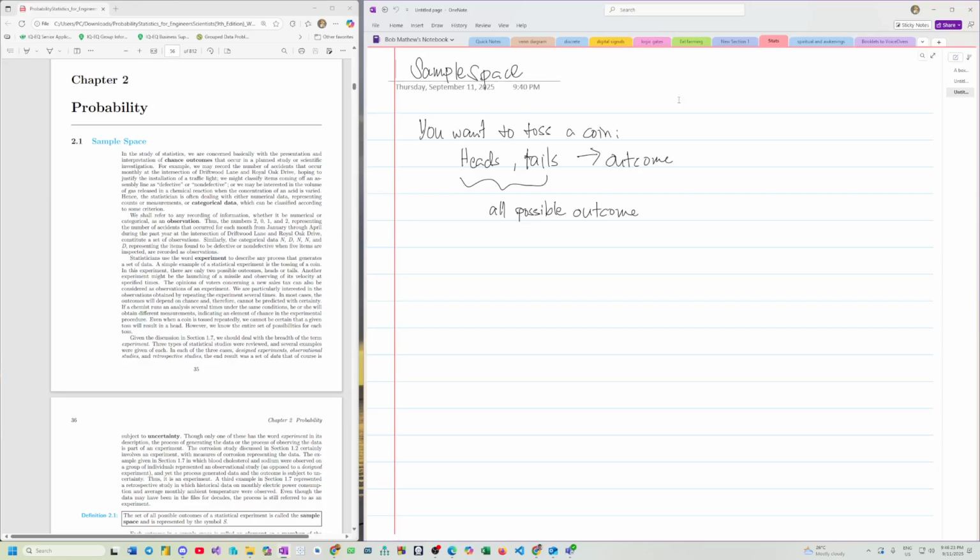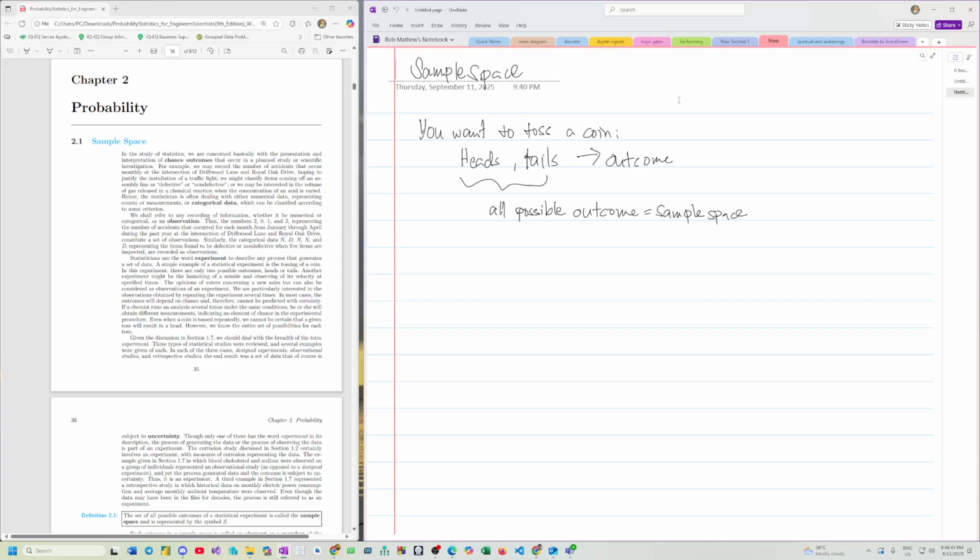That is what we call the sample space. All possible outcomes means that is the sample space. Yan. Lahat ng pwedeng mangyari. Yan yung sample space.